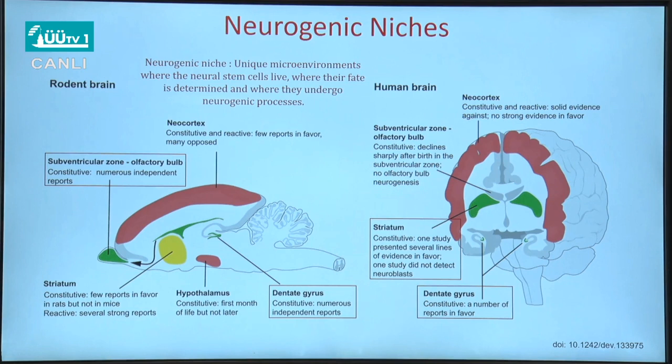And in dentate gyrus, under the granule cell layer, we have a structure called subgranular zone, and it also acts as a neurogenic niche. Now, since it is active in, for instance, both rodents and humans, we would expect adult neurogenesis to continue there even in humans, and this is actually what we observe.